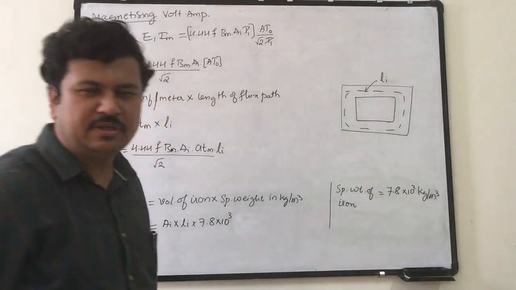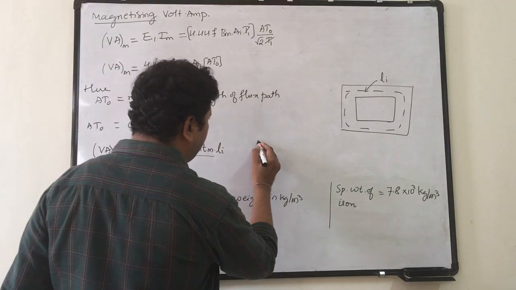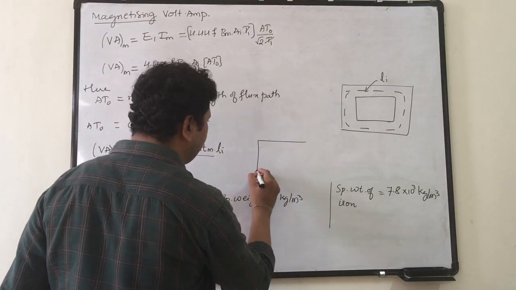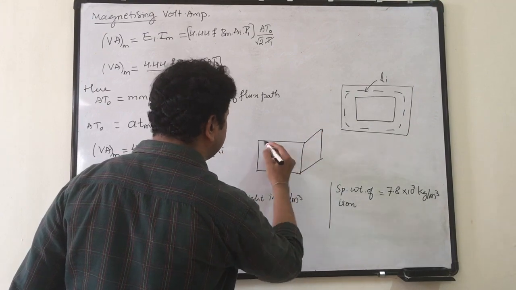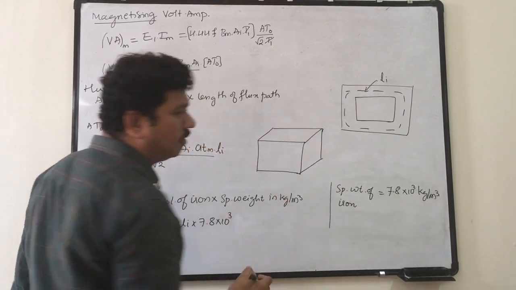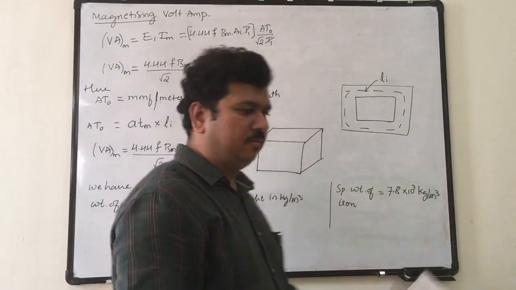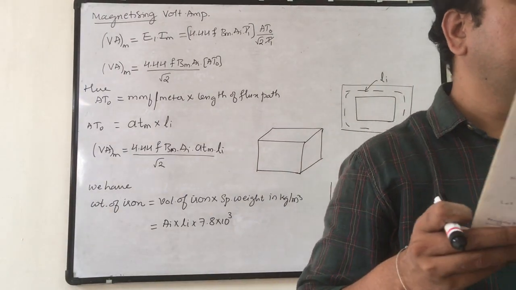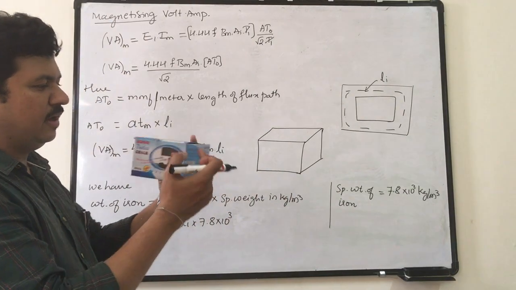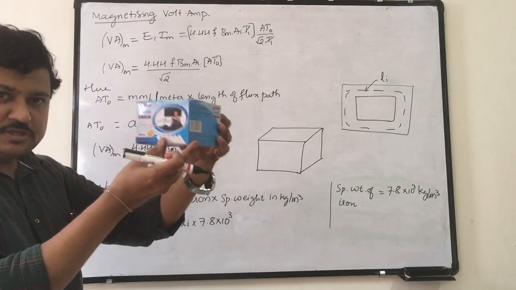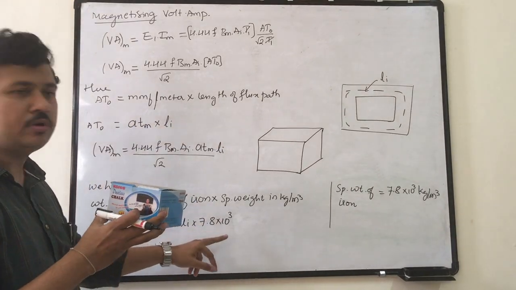What does specific weight mean? If I take iron of 1 meter width, 1 meter height and 1 meter length, it will form a cube, 1 meter by 1 meter by 1 meter. The weight of this 1 meter cube of silicon steel iron is 7.8 into 10 to the power 3 kg.